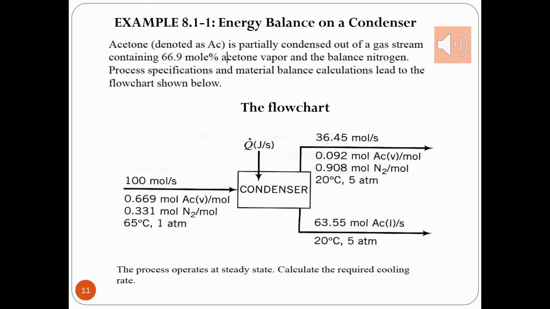You need to calculate the required cooling rate, so you are looking for Q dot, which will be negative because it is cooling. Your answer needs to be in kilowatts, joules per second.